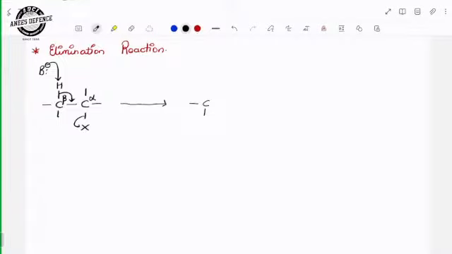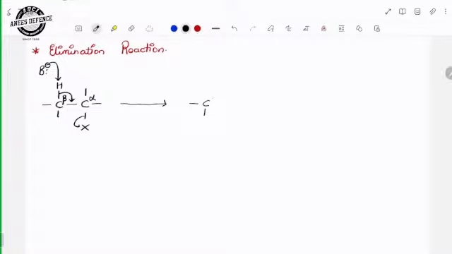In Markovnikov rule, you are adding the negative part to the carbon-carbon double bond of the alkene system, but here it is an alkane system. Markovnikov rule is basically for unsaturated systems, so you can't go for a saturated one. Here it is saturated with single bonds; in Markovnikov it is unsaturated.